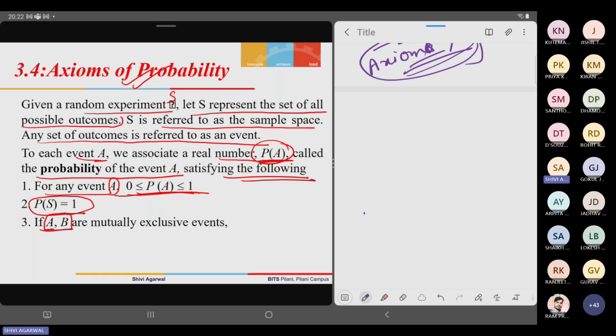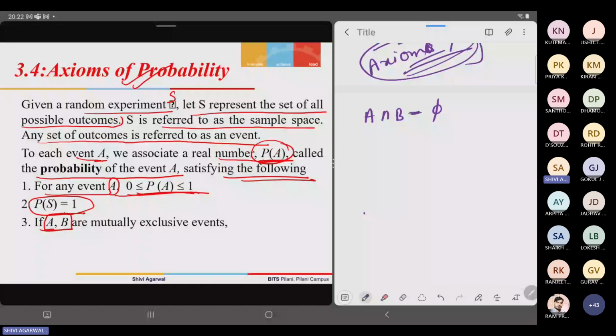In the last class we have done this. Correct. They can't occur together. So it means that A intersection B is a null set.